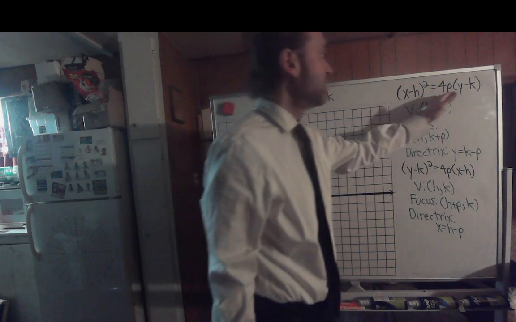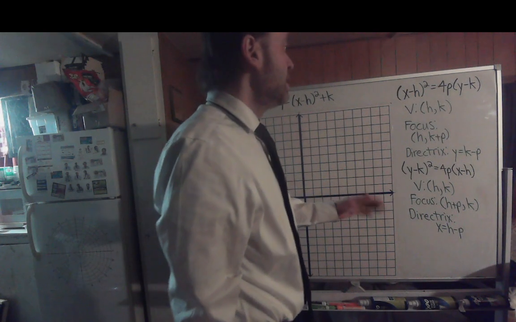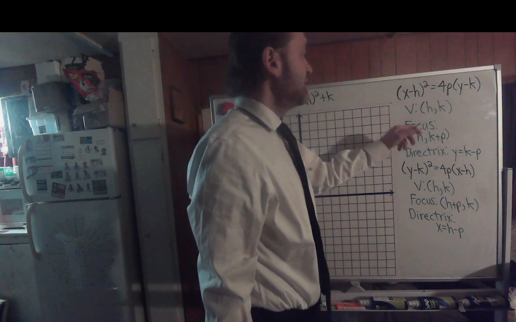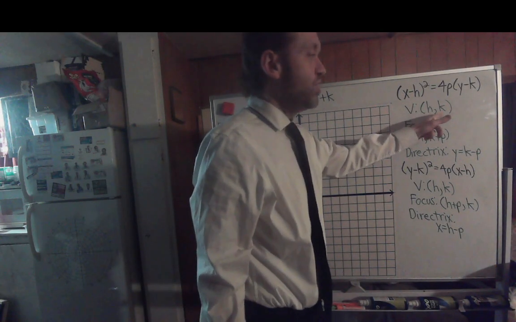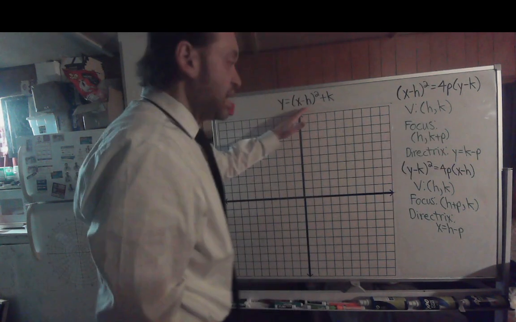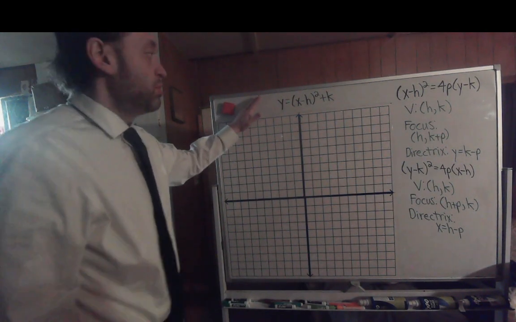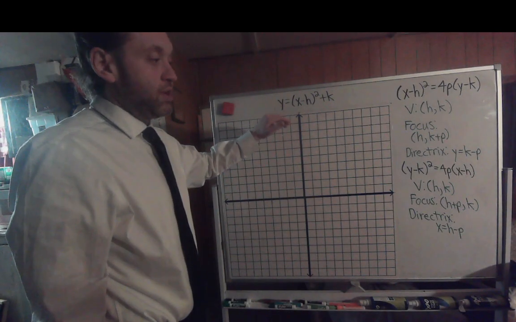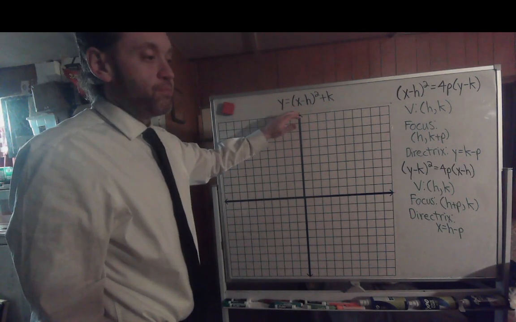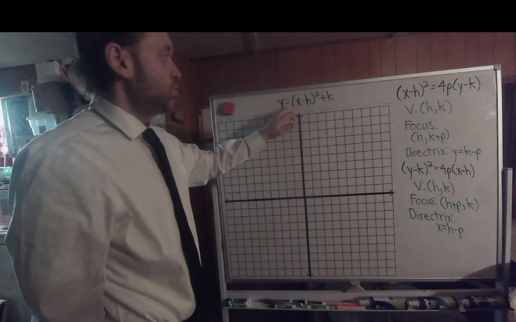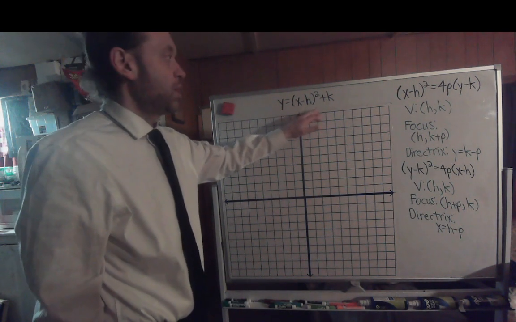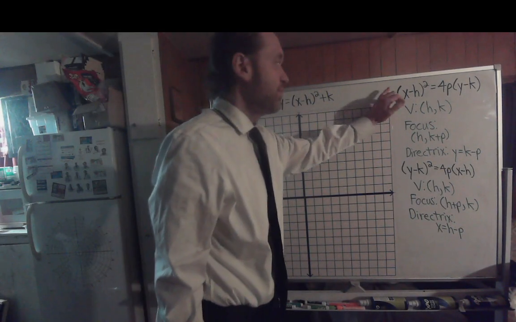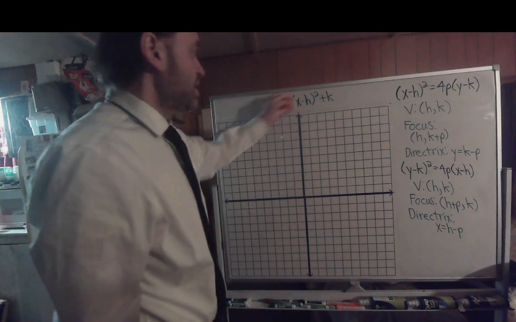So this is really the full general formula. Your vertex is at the coordinate (h, k). This is derived from when we went all the way back to quadratic functions, when the standard form of a quadratic equation is y equals a times (x minus h) squared plus k. That's where that comes from.